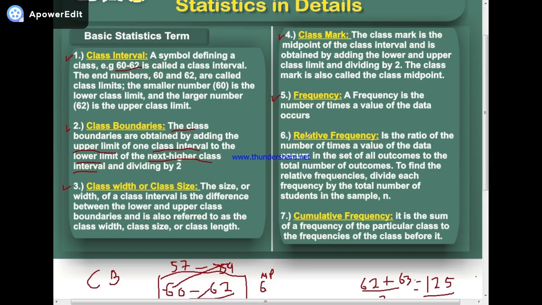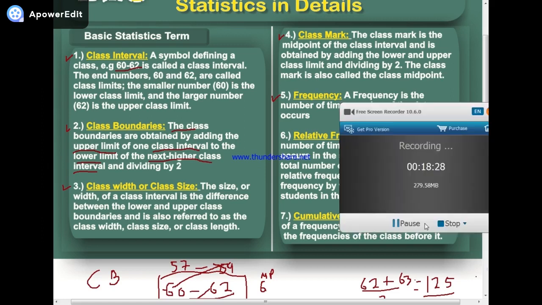Relative frequency is the ratio of the number of times a value of the data occurs in the set of all outcomes to the total number of outcomes. To find the relative frequency, divide each frequency by the total number of students in the sample.